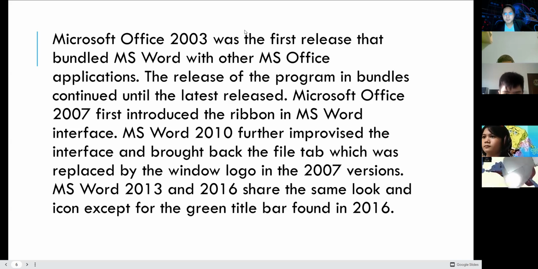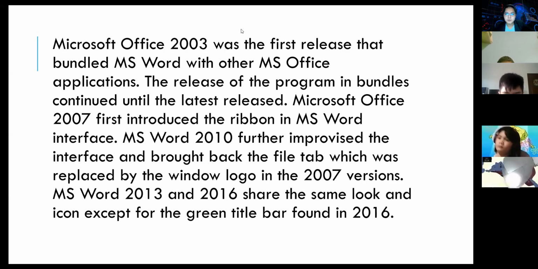Office 2007 first introduced the ribbon in the MS Word interface. By the way, talking about the new MS Office, it is online-based or cloud-based. So most probably you will install that one and register at Microsoft.com in order to have access to MS Word or MS Office, right?